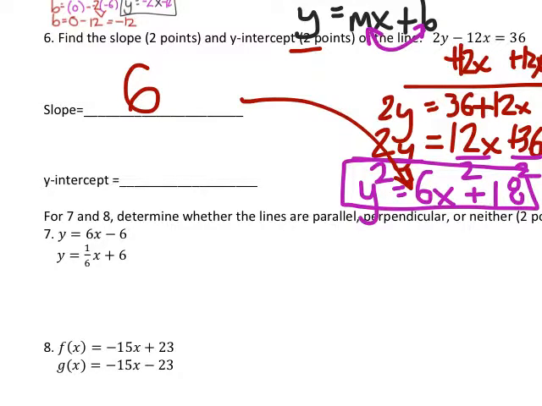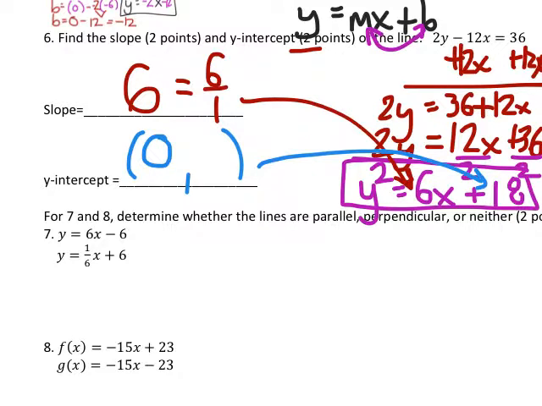You may write it as 6 over 1 if you want. Both of these will get you full credit. The y-intercept, as we can see, is right there where the b would be placed. The y-intercept, though, is a point on the graph where the x value is 0, and we can see that it is 18.